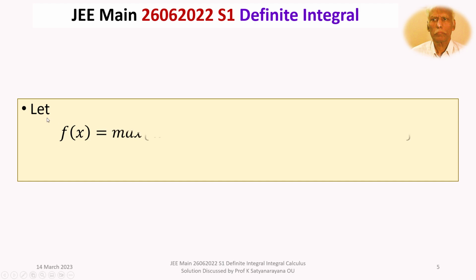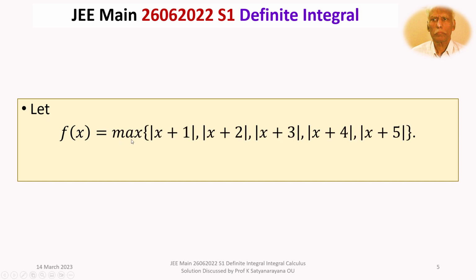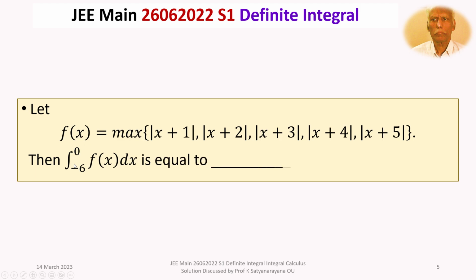The given question is: let f of x be equal to the maximum of mod of x plus 1, mod of x plus 2, mod of x plus 3, mod of x plus 4, mod of x plus 5. Then the integral from minus 6 to 0 of f of x dx is equal to?